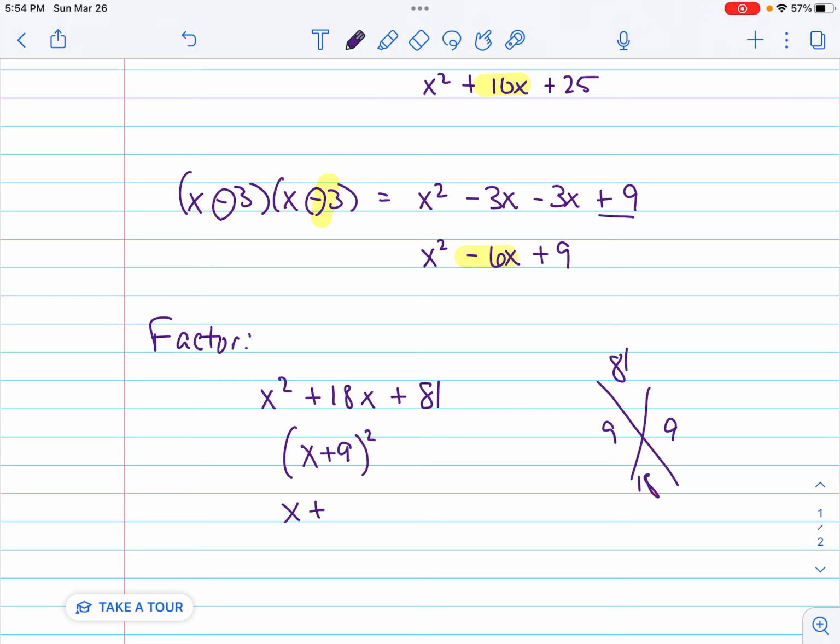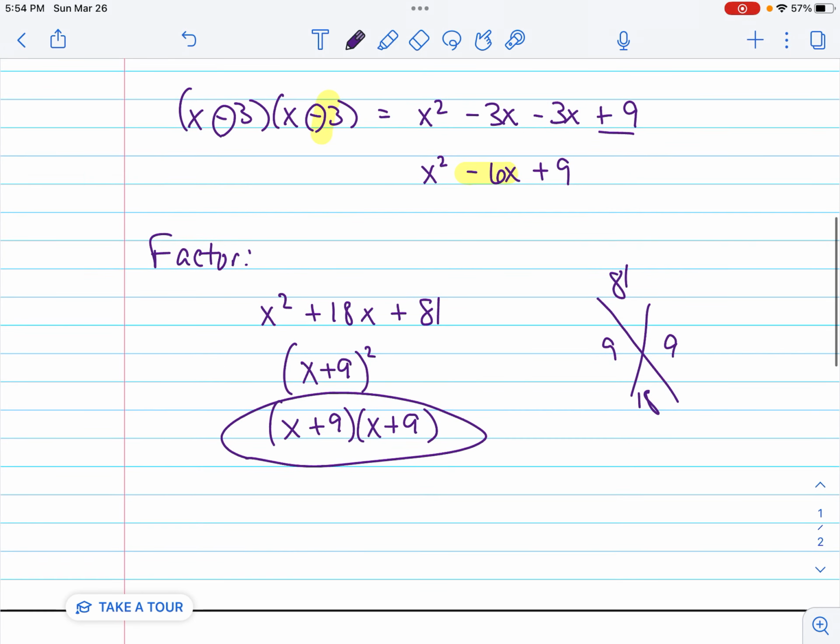You can write it as x plus 9 times x plus 9. It means the same thing. So this is still factoring with the x method, but if you notice that it's this certain type, you can do it a little faster without even needing to write that out.